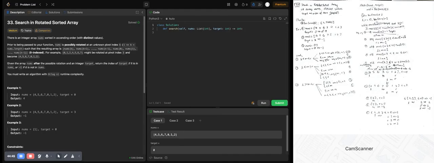In the fourth one it has to be greater than the mid value, which is not less than mid value, correct? But is it less than the mid? True. So we will explore the left hand side.